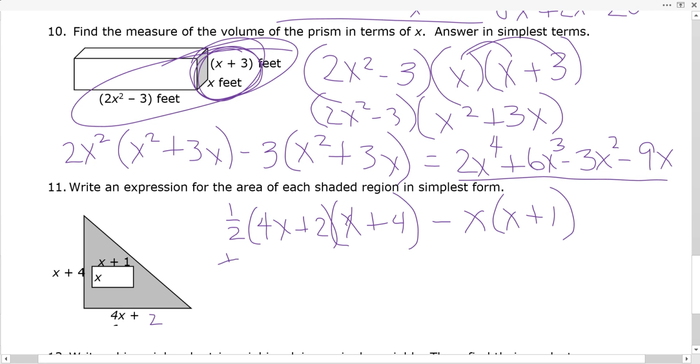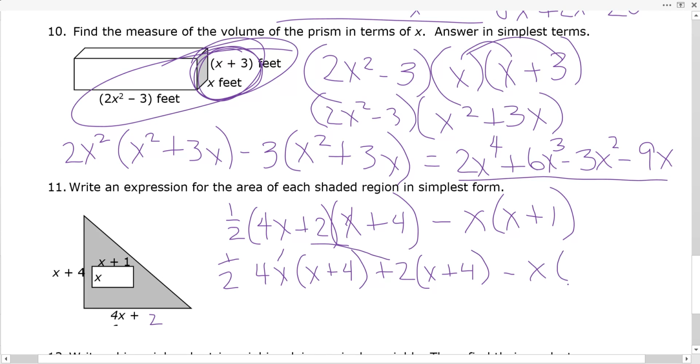So I have 1/2 times 4x times x plus 4 plus 2 times x plus 4. Separated out this guy. Minus x times x plus 1. So, and I have 1/2 when I'm done. So I need to not forget that.